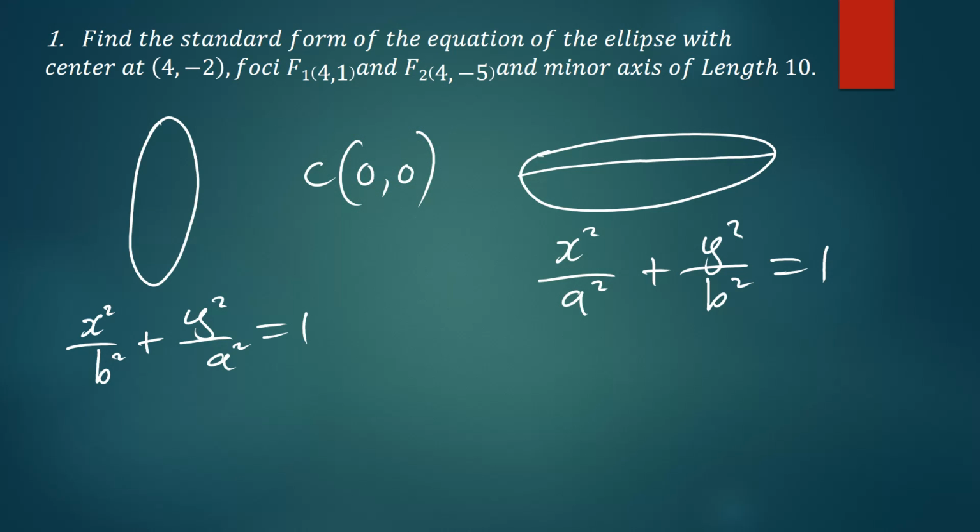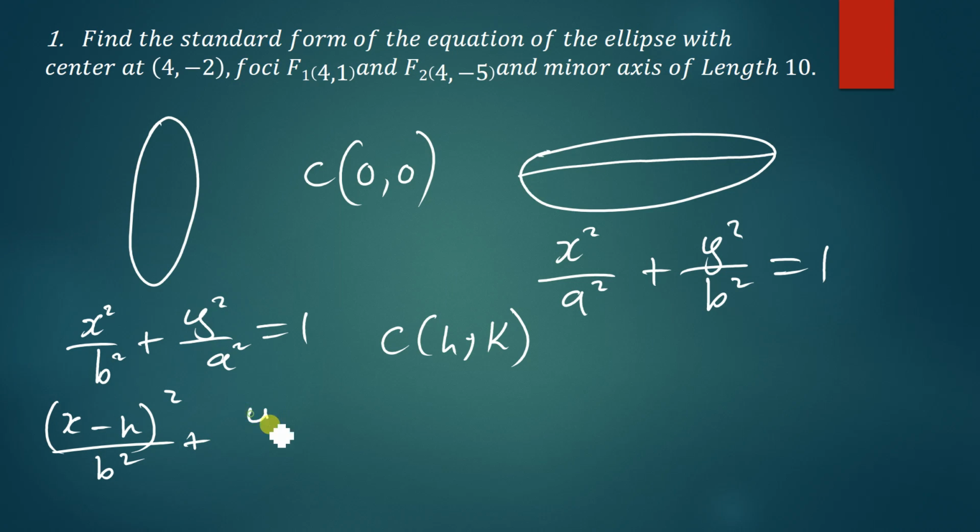If the center is (h, k), meaning the center is defined by a certain coordinate, then the equation will be (x minus h) squared over b squared plus (y minus k) squared over a squared is equal to 1.